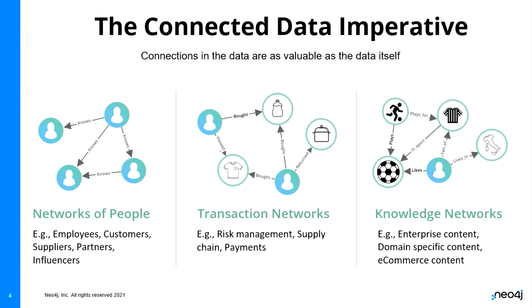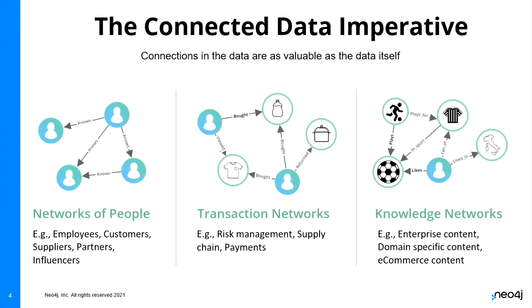In today's world, the supply chain issue is really creating a huge problem for the entire world. You've got shortage of products, you've got shortage of transportation. So understanding all of those relationships and being able to optimize that, you can start to save money, you can optimize your supply chain, and that's just an example. Then transaction networks. Look at how risk management is done, or the payment processes, where you've got digital payment streams going on every day with millions and millions of transactions.